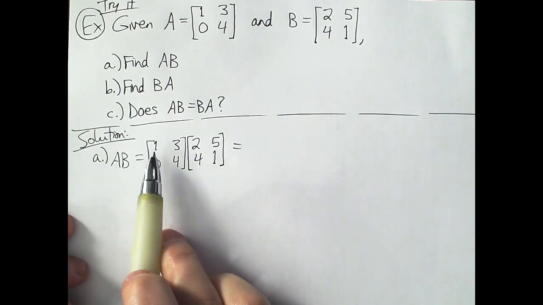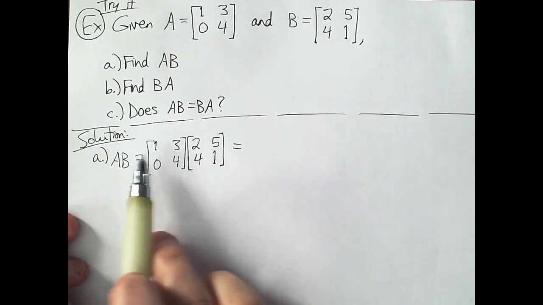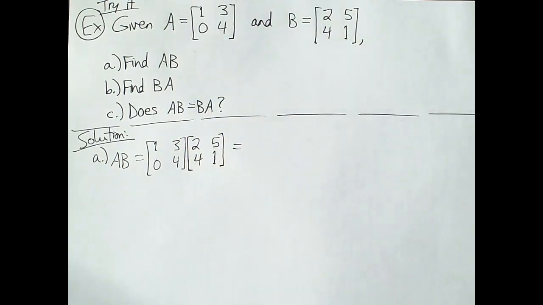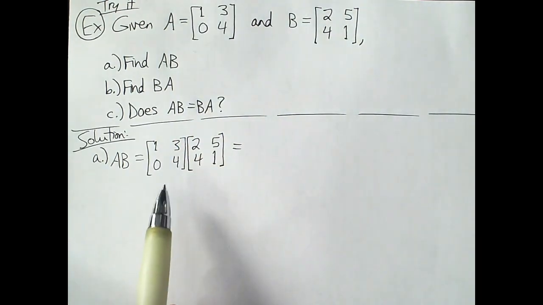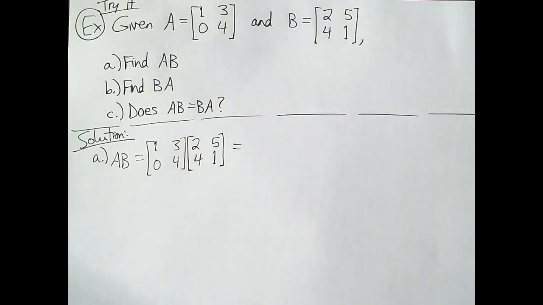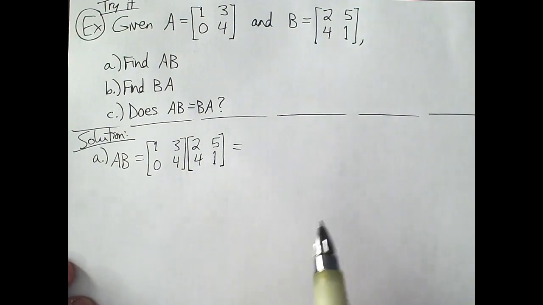That helps me see which row and which column go together. Or if you were taking a quiz or a test and you had matrices on the test paper, and you're working on scrap paper and have to go back and forth between the 2 pages, just rewrite them side by side.